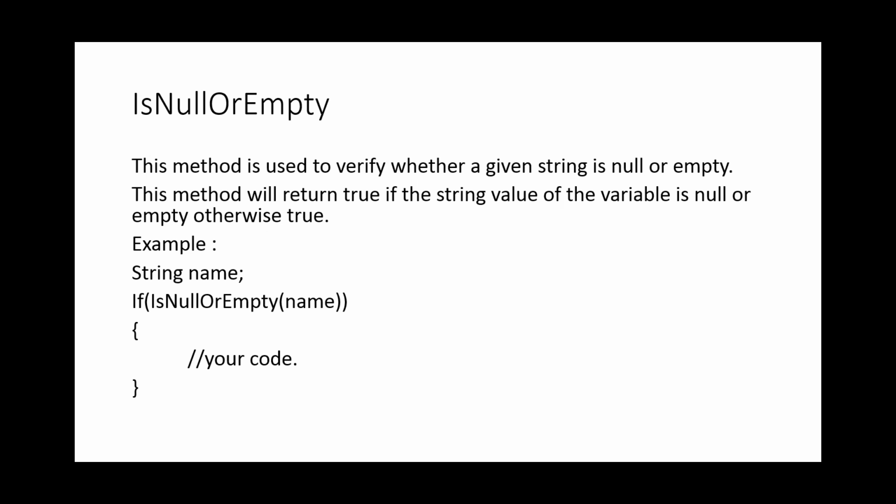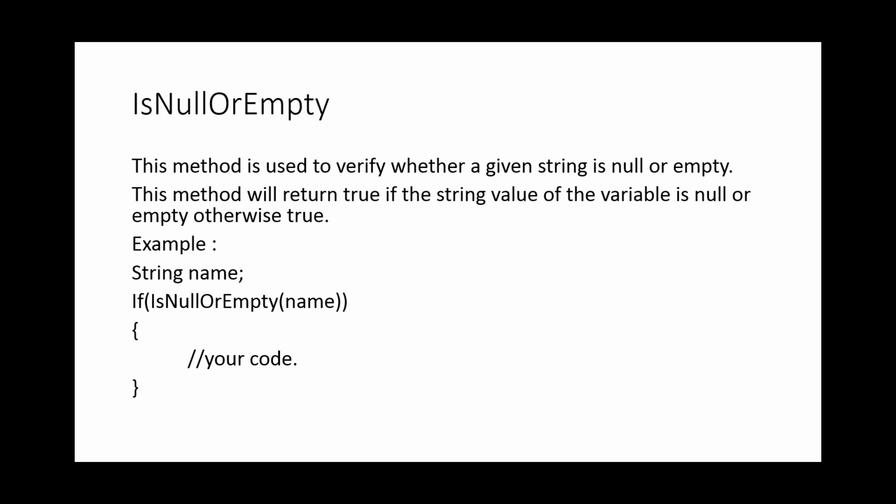So, IsNullOrEmpty. I have already given you a data sheet in my presentations. There is a chart where all data types, their value ranges, and the default values for each data type are provided. By default, the string type will hold an empty value.